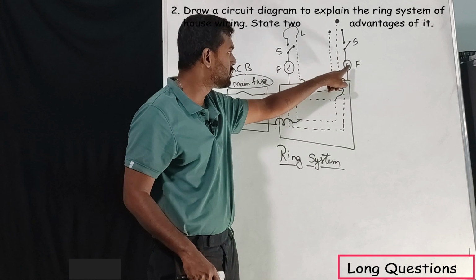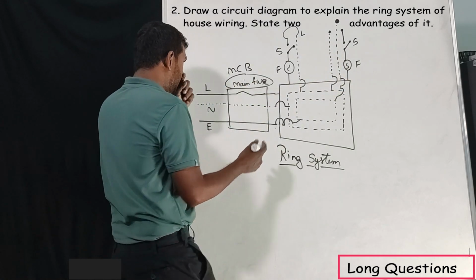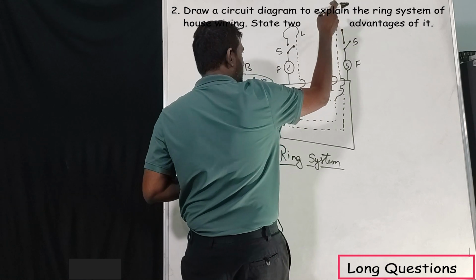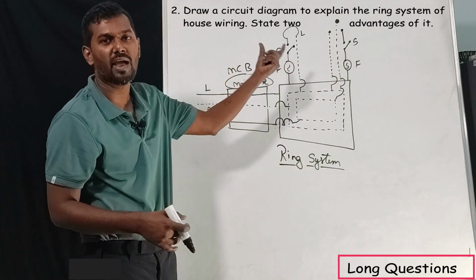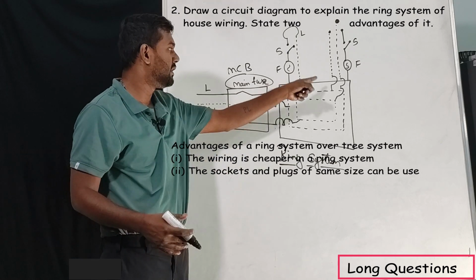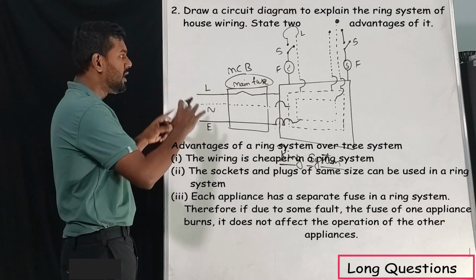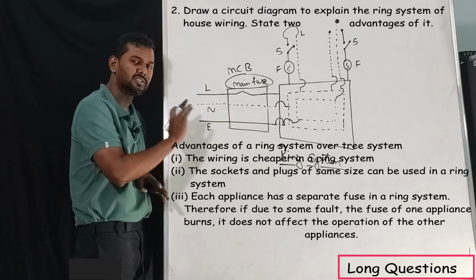So the switch and fuse should be connected to the live wire. Now if you connect a washing machine here, you can use it. If you connect a fan, you can use it. Anything which consumes more power requires earthing connection. Keep that in mind. Now this is the ring connection. If you write this much, that is enough.